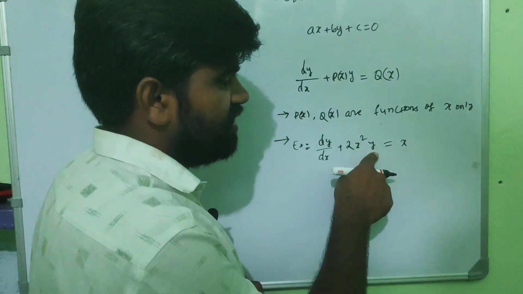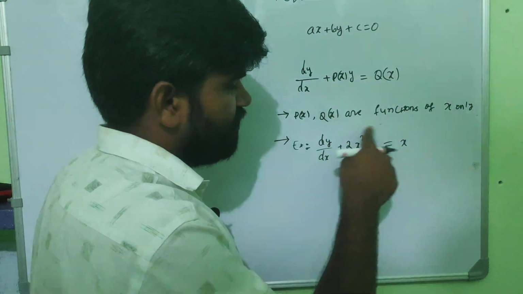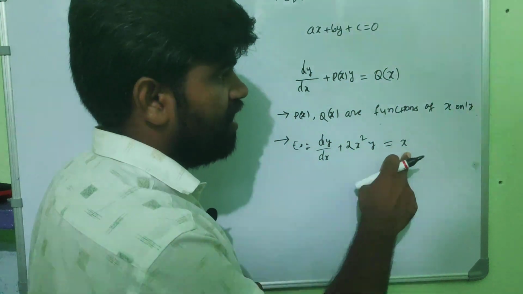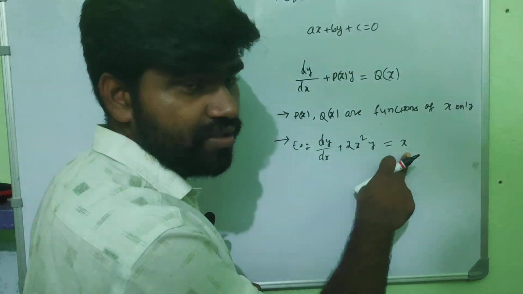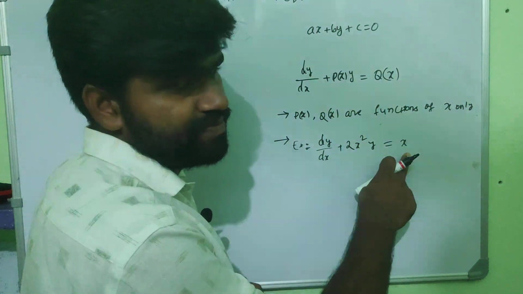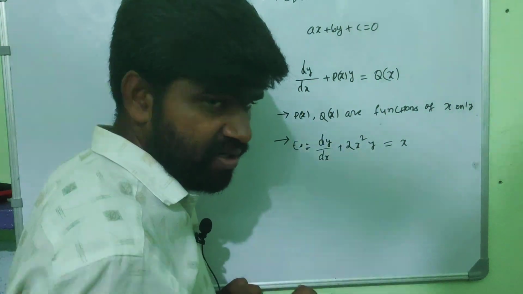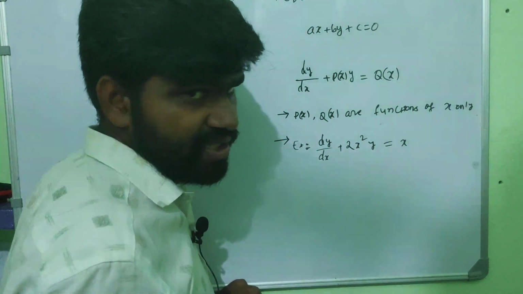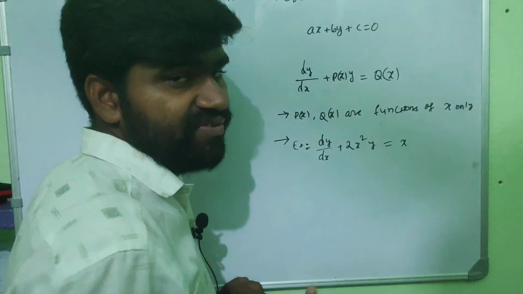And the coefficient of y is completely a function of x, that is p of x, and the right hand side is also a function, q of x. So I can say this is an example of a linear differential equation.